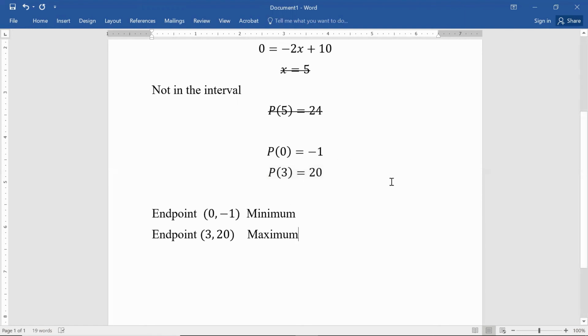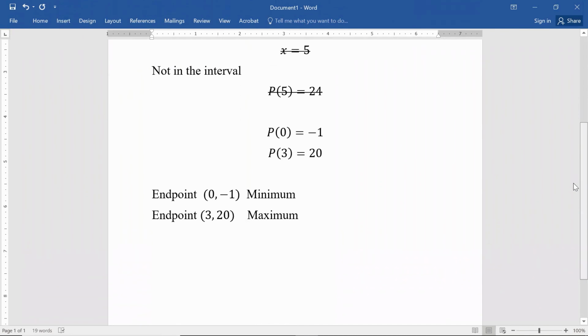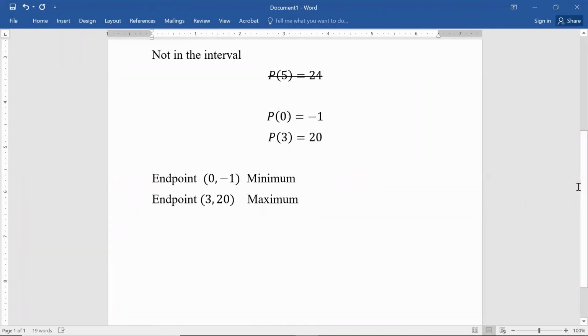So if you ever come up with critical values that are outside your given interval, you basically just strike those and ignore those. Because remember, we're looking for the maximum and minimum inside this interval between 0 and 3. If we get anything less than 0 or more than 3, I just strike it, throw it out, ignore it, however you like to handle that.